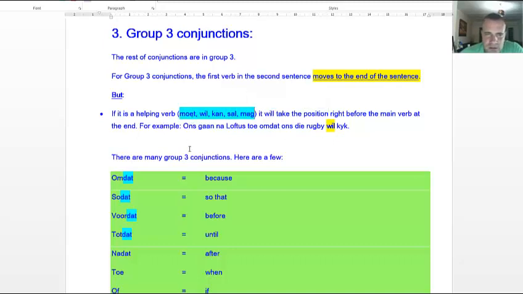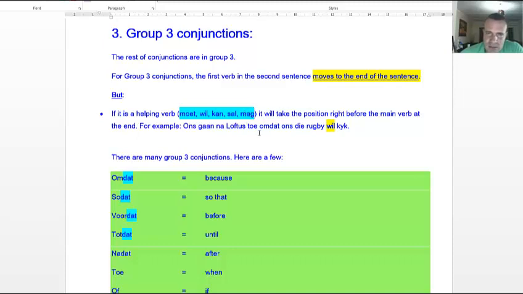Okay, there they are. You must know these 5 words. Moet is must. Wil is want to. Kan is can. Sal is will. Ek sal, I will. And mag is allowed to. Ek mag swem. I'm allowed to swim.